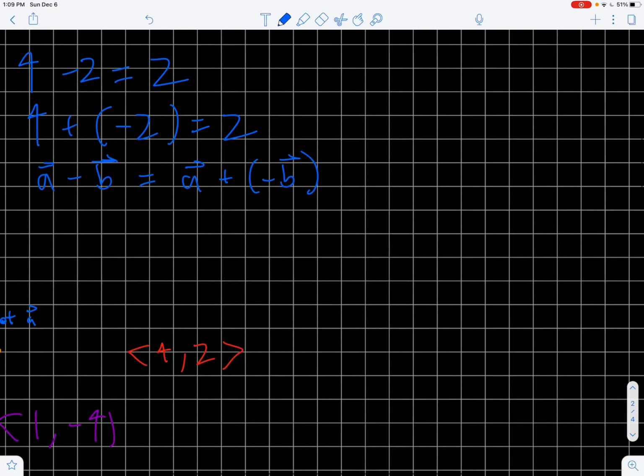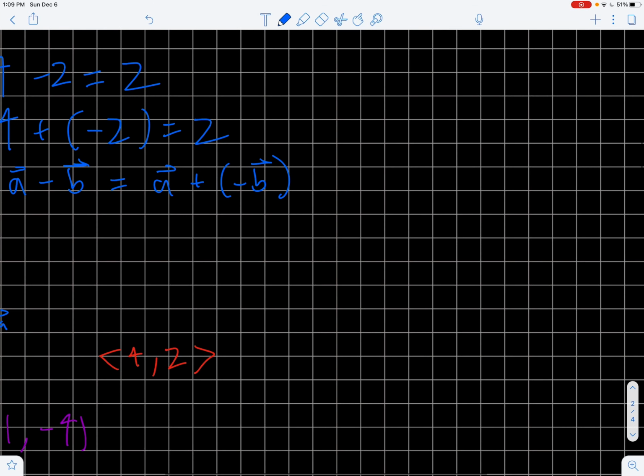Well, as you probably guessed, we're going to leave it in 2 dimensions just to make the writing easier for me, but the exact same takes place in 3 dimensions. We've got a vector A that equals AX and AY. We've got a vector B that equals BX and BY.